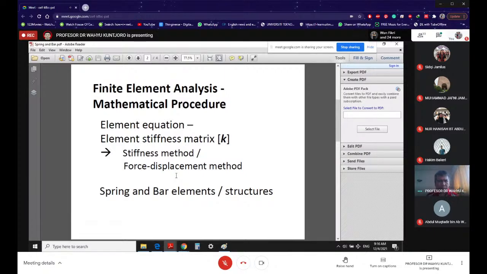And normally what we want to define first in terms of analysis, we want to calculate the value of K. And from what we have discussed, you understand that the element equation is the same for every element type, F equal to KD.